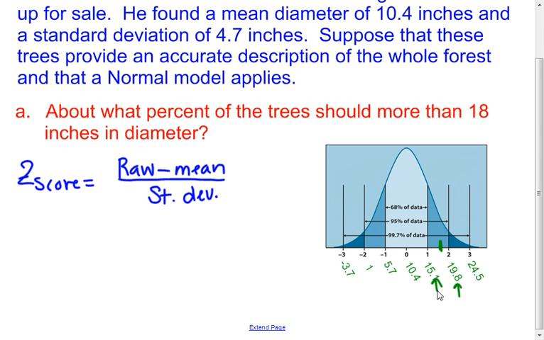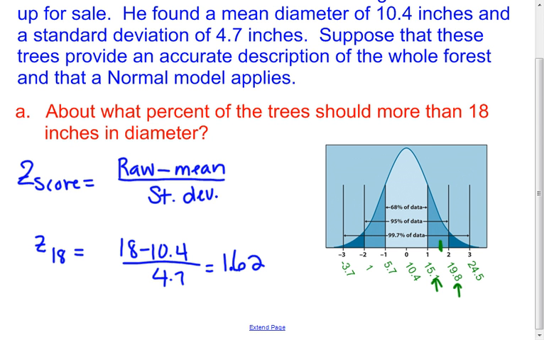Okay, so in this case, the z-score for an 18-inch tree would be 18 minus 10.4 divided by 4.7, and I get 1.62. What that means is that an 18-inch tree is about 1.62 standard deviations above the mean.